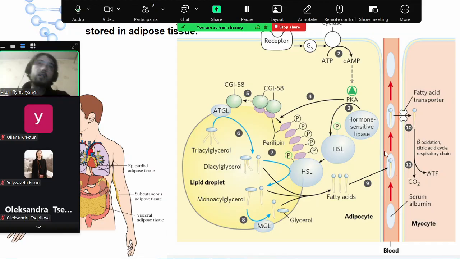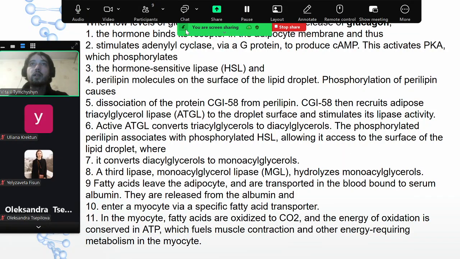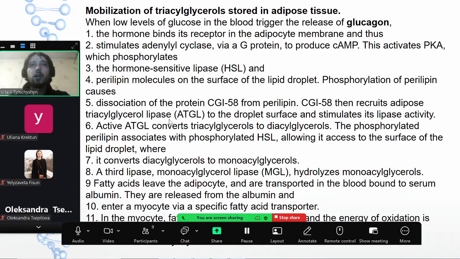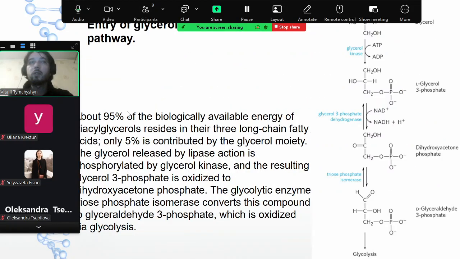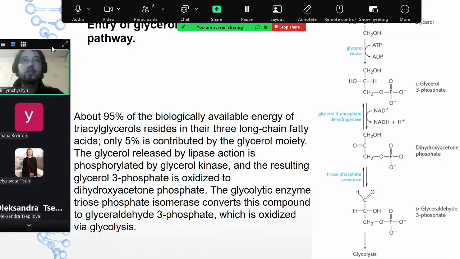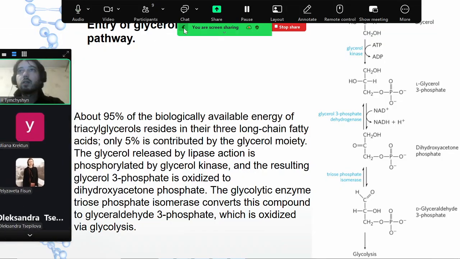That beta oxidation will give you ATP and produce some CO2, but the most interesting part is, of course, ATP, because ATP is basically the energy that we use. So here is a small list of the events going on in that lipid droplet. I'm not getting into that because I have just shown you on this slide.